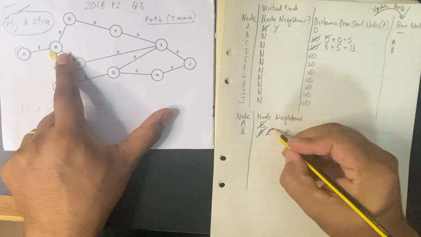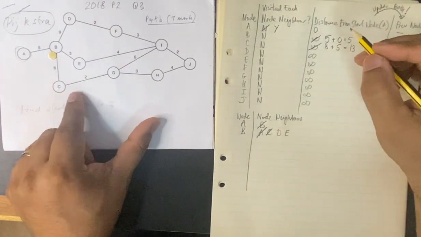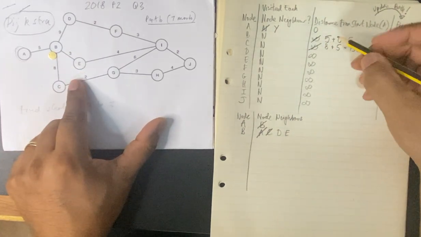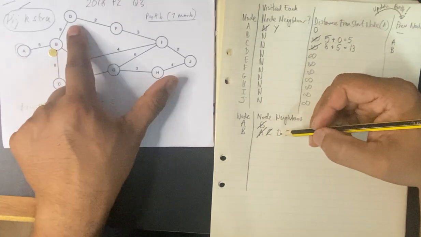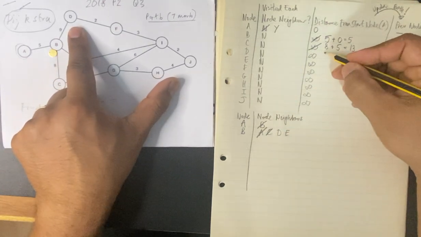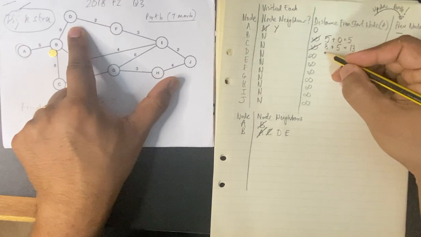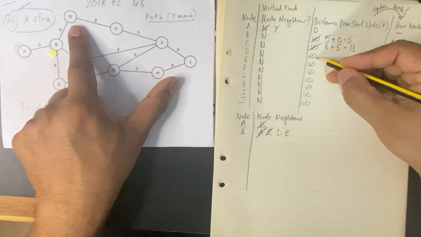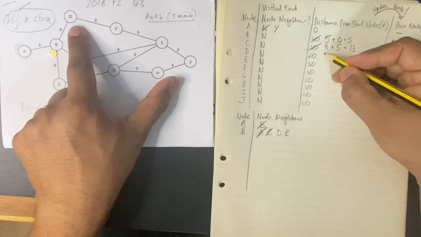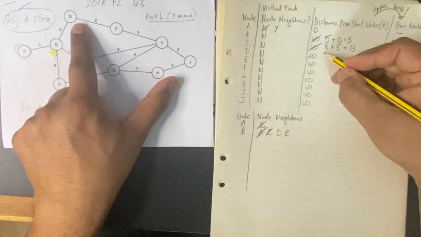Now we've finished that one, and we are still processing node B, and now we need to look at D. So we're just repeating the same process. Whatever value we come up with here is going to be smaller than infinity, so we know that we're going to do an update.